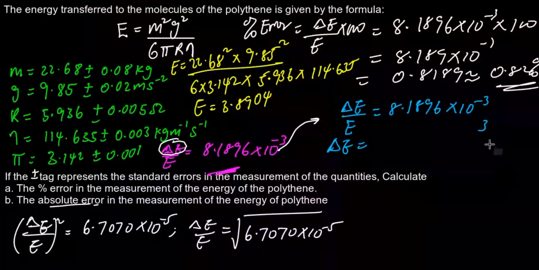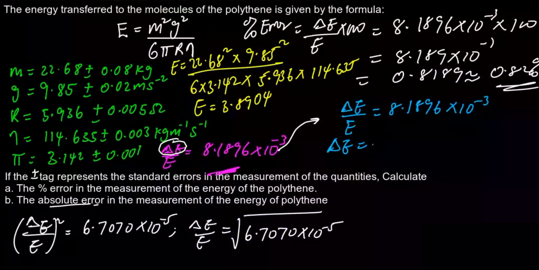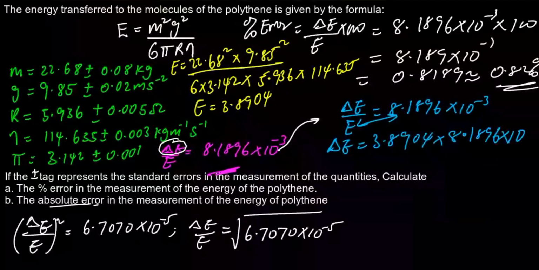Okay, this is the mistake. So what's E? E is 3.8904, multiplying this, 8.1896 times 10 raised to power minus 3.